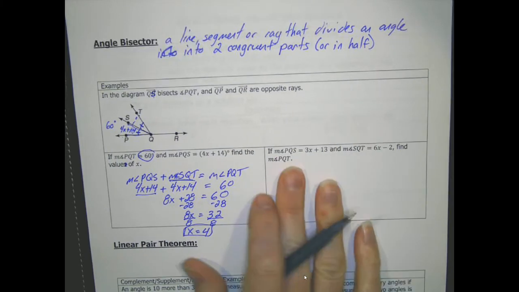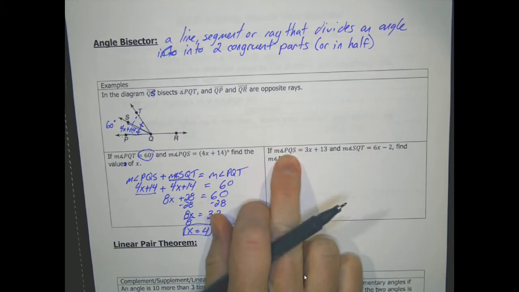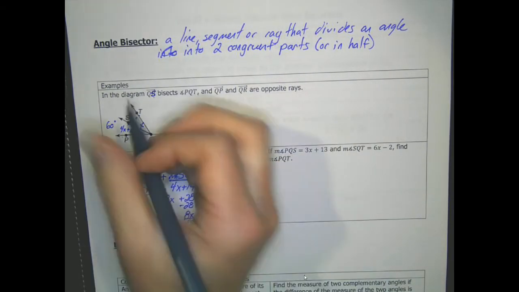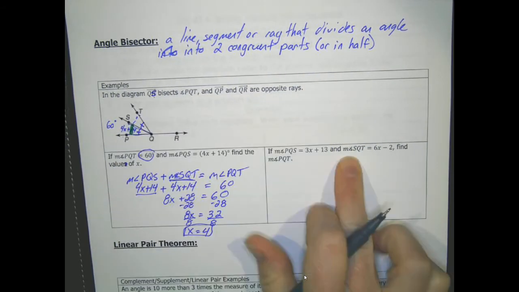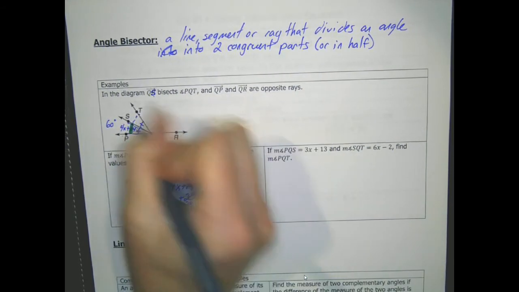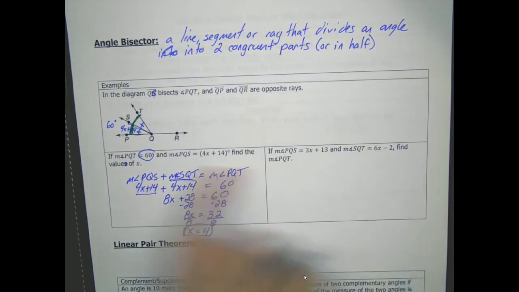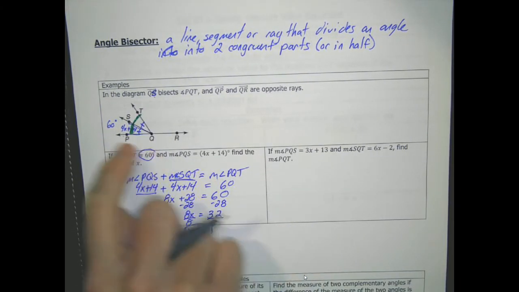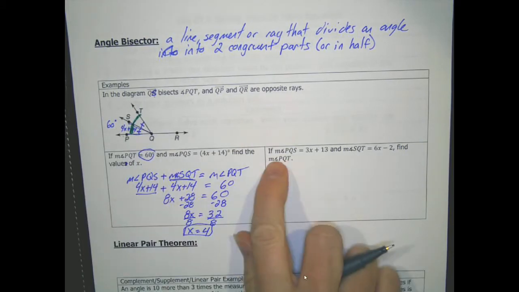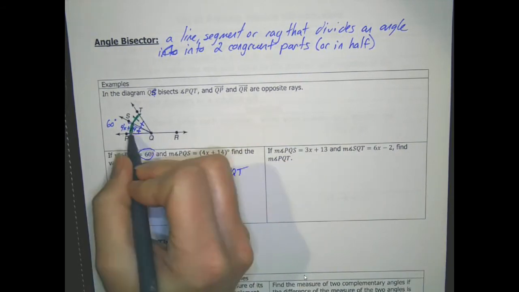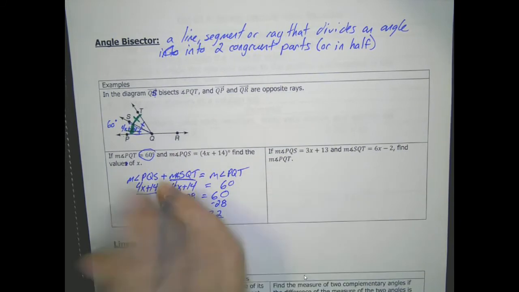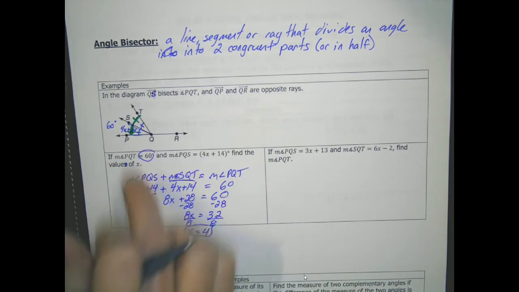Okay. It says if the measure of PQS, so now it's going to be the same thing, this one right here, and the measure of angle SQT, okay, are this. It says find the measure of PQT. It's asking you to find the whole thing. Well, we don't know the whole thing, but I do know that this angle is the same as this angle here. Okay, so this is two different questions for the same diagram.